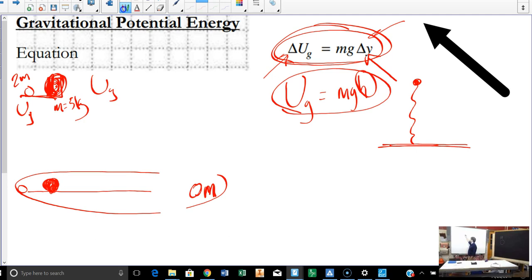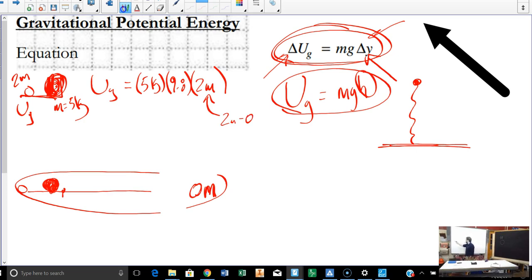So our gravitational potential energy would be the mass, 5 kilograms, times g, 9.8, times 2 meters. Now, I could call it delta y, and delta y would be, hey, compared to the ground, if I started at the ground and I compared it to here, delta y would be 2 meters minus 0, which would just be 2 meters.